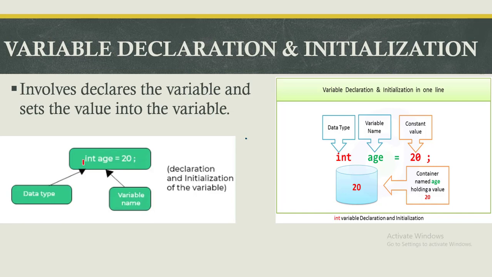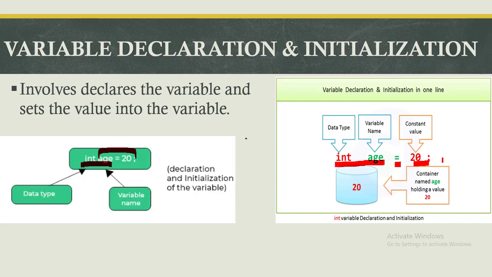We know very well that when you say int age, that is simply declaring a variable. When we say age assigned 20, that is simply variable initialization or variable assignment. So we can combine that into one, where we declare the variable and at the same time initialize it with the value.